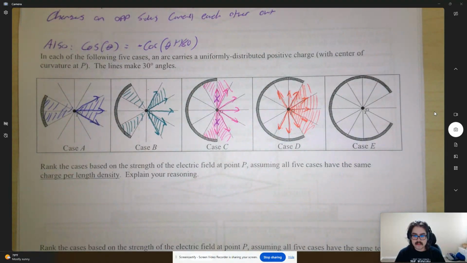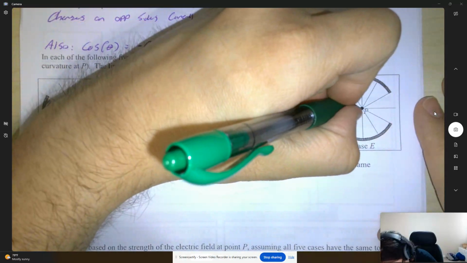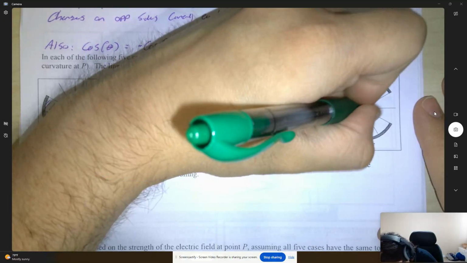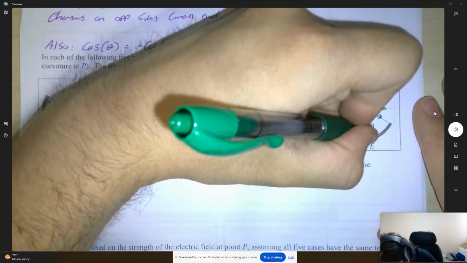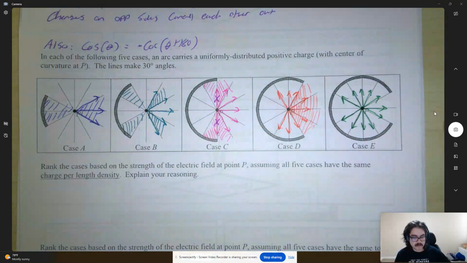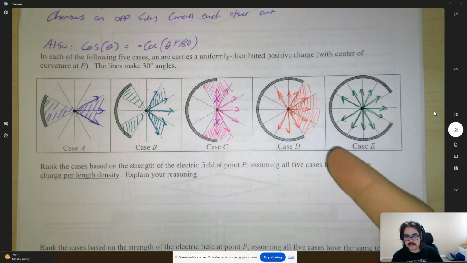Case E is even more egregious because you're now almost entirely encircling the charge or the point. So you have so much electric field here and it all basically cancels out. The only area that doesn't cancel out is this little bit right here. These little bits.